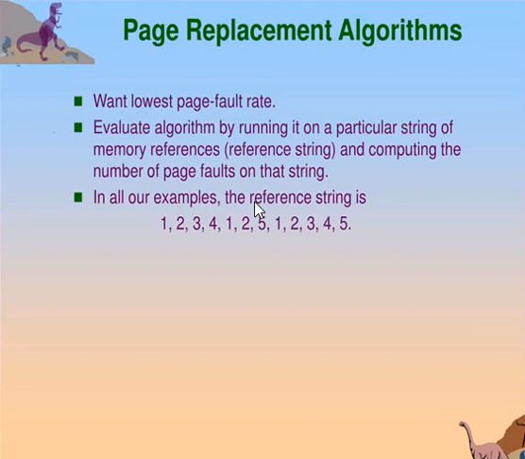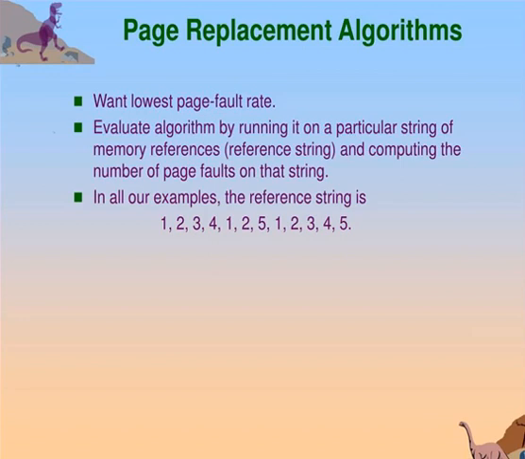So here, with page replacement algorithms, we want the lowest page fault rate. Evaluate the algorithm by running it on a particular string of memory references, that is the reference string, and computing the number of page faults on that string. To reduce the number of faults, we use two facts.